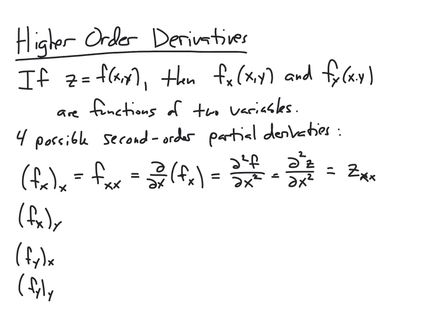Now I'm going to jump down to f sub y, and I'll just go through these really quickly because it's exactly what we just did for f sub xx, except everything is in terms of y.